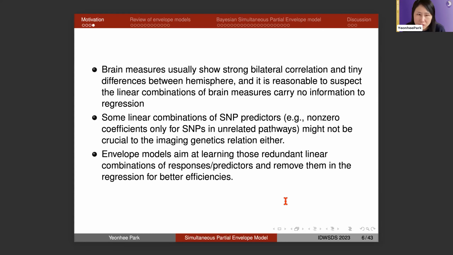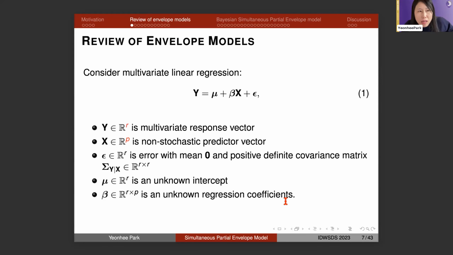So envelope models aiming at learning those redundant linear combinations of responses or predictors will be helpful to remove them in the regression for better estimation efficiency and prediction. So let me review the envelope models.